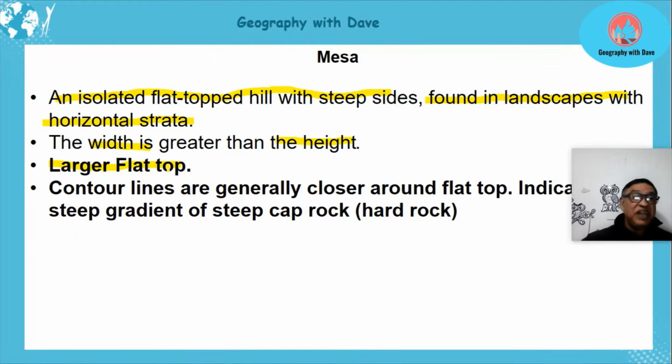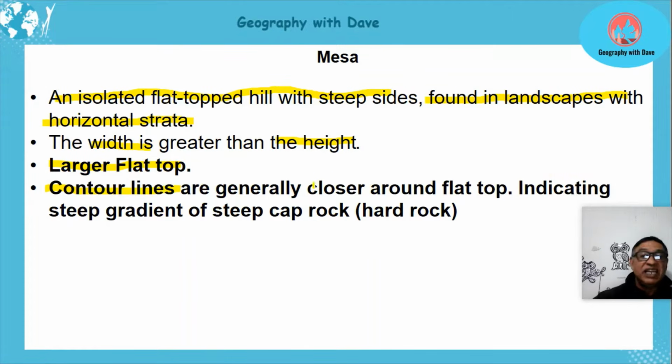Contour lines are generally closer around the flat top as I showed you, indicating a steep gradient of the steep cap rock or hard rock there. Okay, so it's the hard rock that makes the gradient steep because erosion is less.